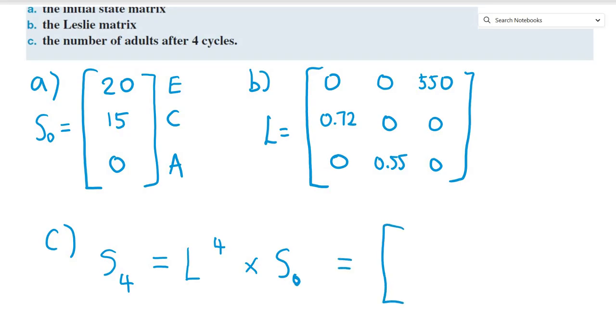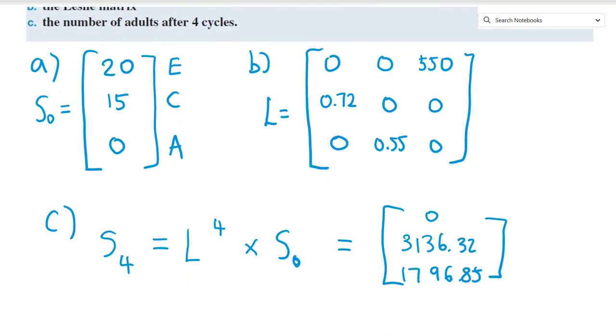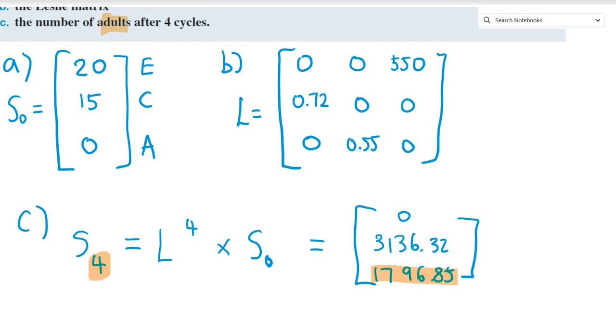It will give you these 3 numbers right away, which represent how many of each there are after 4 cycles. We're particularly looking for adults, so we're looking at this number here. Rounded up, it's roughly 1,797 adults after 4 cycles.